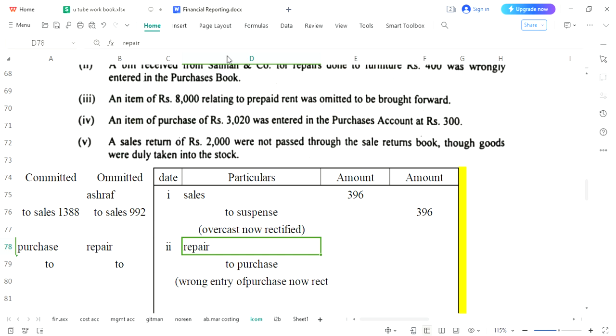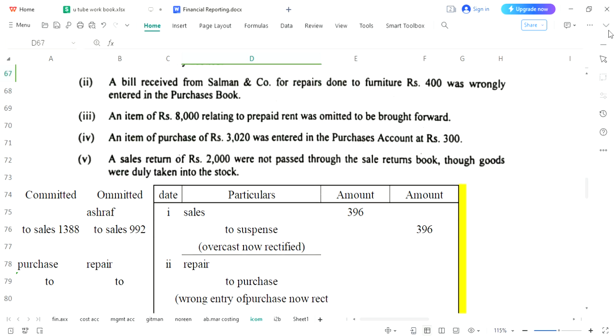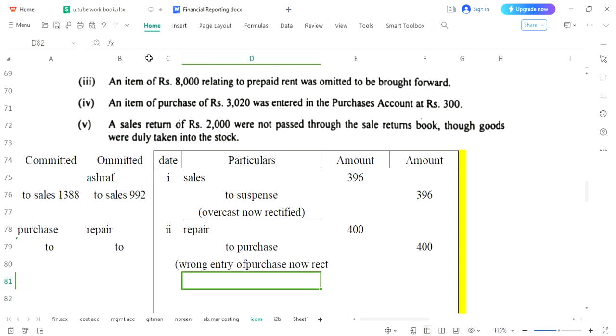Repair to purchase. We should not have any confusion about the amount because there is only one amount and that is 400. So 400 would be written on the debit side and the same amount we are going to write on the credit side. Finally, we will put an ending line only after narration. So two entries are completed.